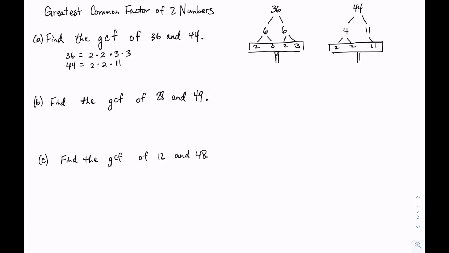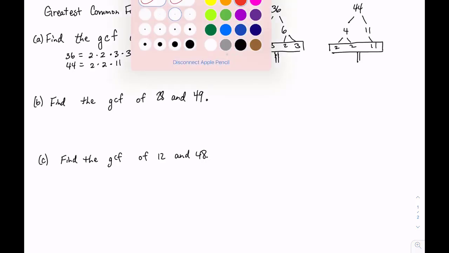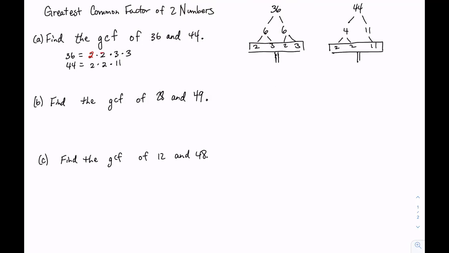And whatever they have in common is going to be the greatest common factor. Okay, so in this case, they have two 2's in common, and we multiply them together. And so the GCF of 36 and 44 is simply 4, or 2 times 2.